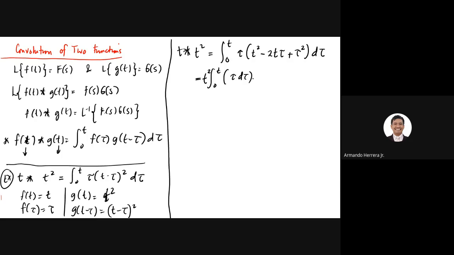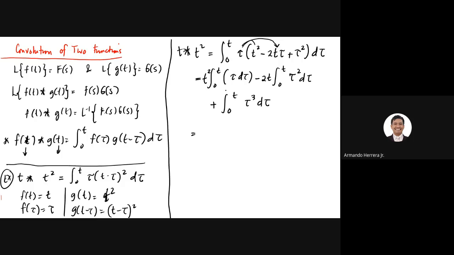Non-tau terms are considered constant. Minus 2t, where 2t is a constant, integral from 0 to t of tau times tau is tau squared d tau. Again, this is tau, so we distribute that, which gives us tau squared plus the integral from 0 to t of tau cubed d tau, because tau times tau squared is tau cubed.